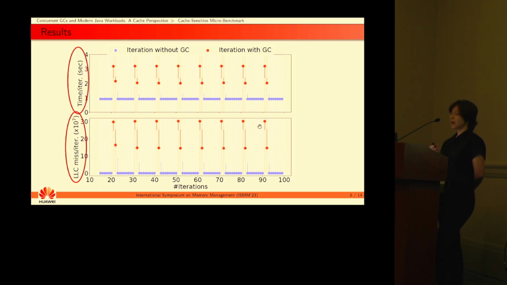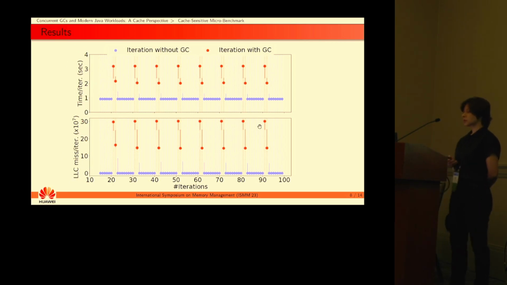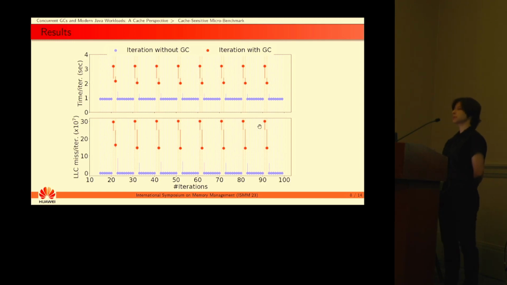We measure LLC misses and execution time per iteration for the micro benchmark. Here, we split the iterations between iterations with GC and iterations without GC. The bubbles that you see in the graph are per iteration.